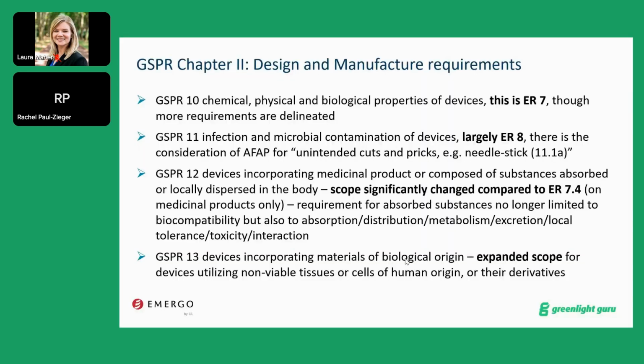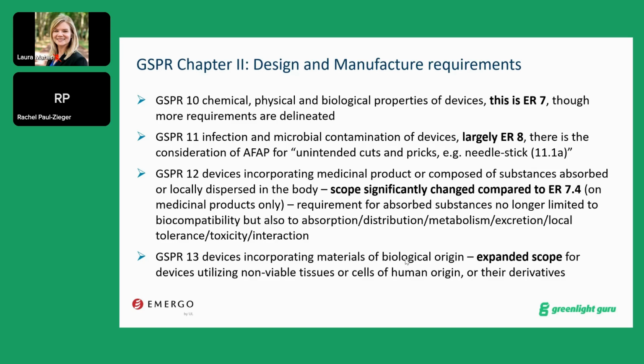Now, in regards to Chapter 2, you have GSPR 10, which is in fact corresponding to Essential Requirement 7. You have more requirements delineated now. GSPR 11 is very close to ER 8. Now there is a consideration of unintended cuts and pricks, like for needle stick.